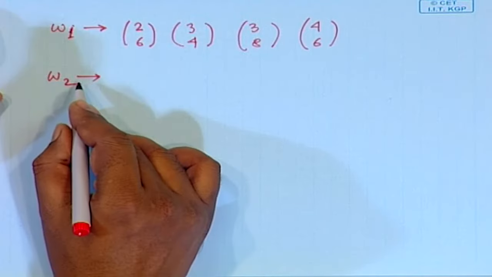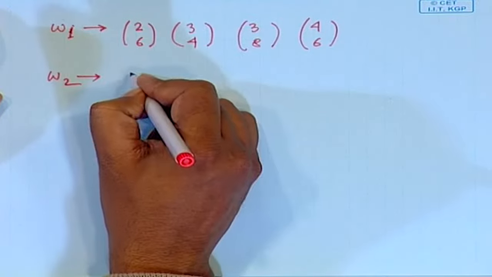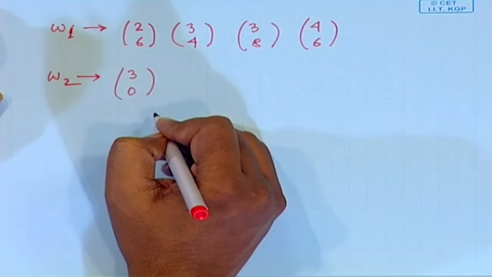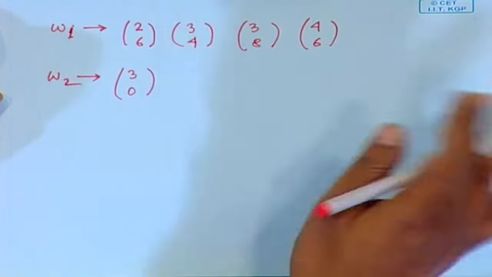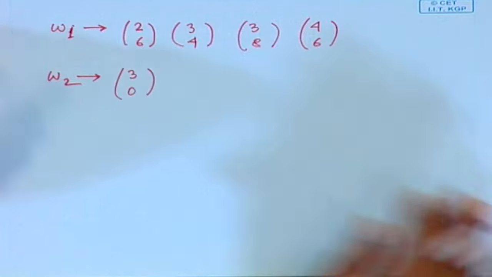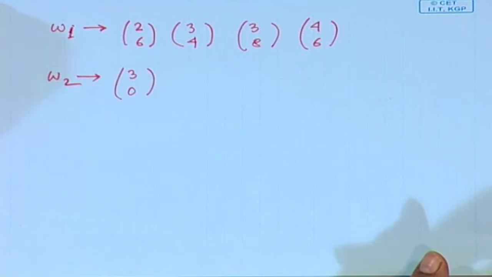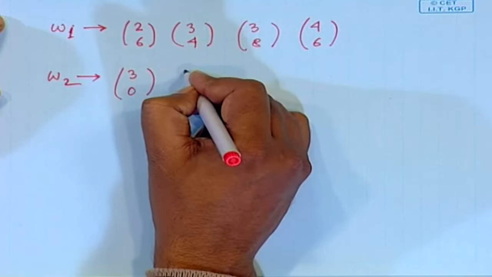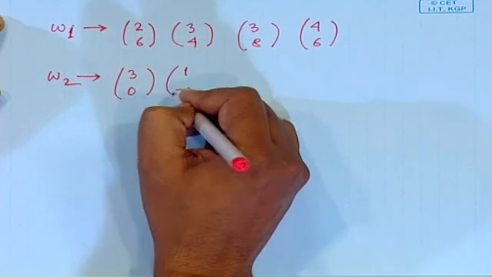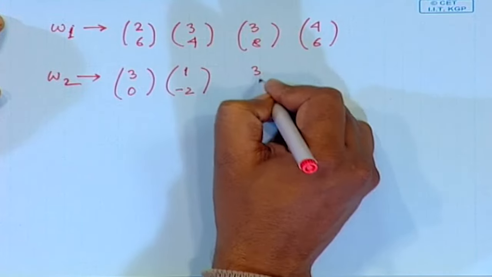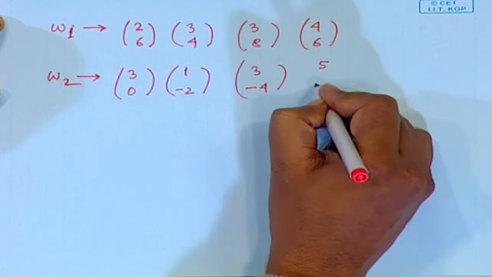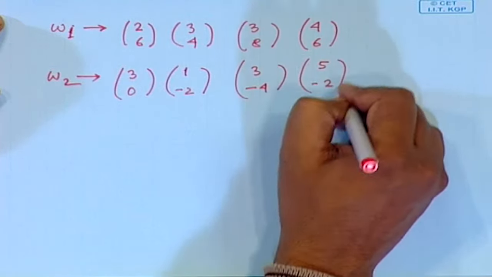Okay. And the training samples for class omega 2 are given as (3, 0). So naturally we are considering a two-dimensional space, and as I said, the examples typically I will take in 2 dimensions because I can draw it on a plain paper. Okay. So this is (3, 0), (1, -2), (3, -4) and (5, -2).